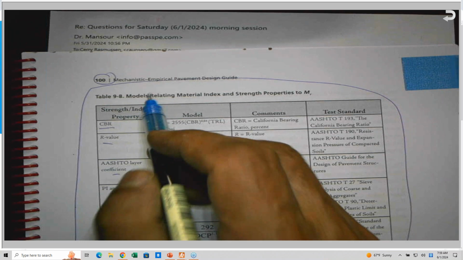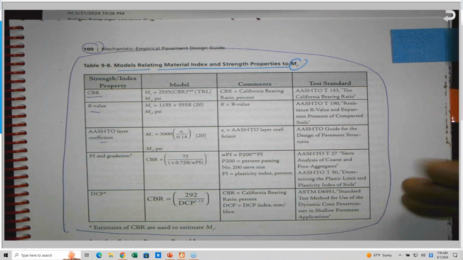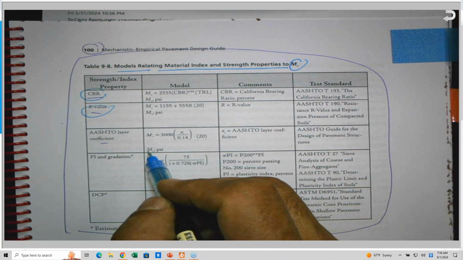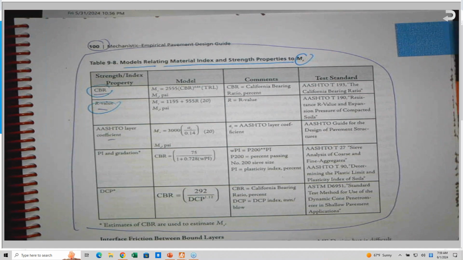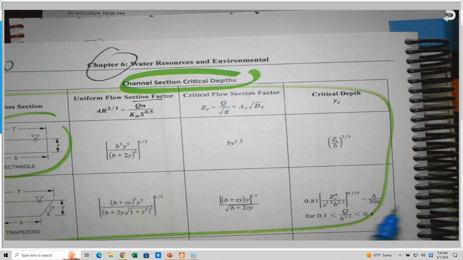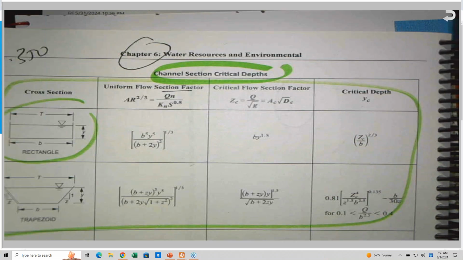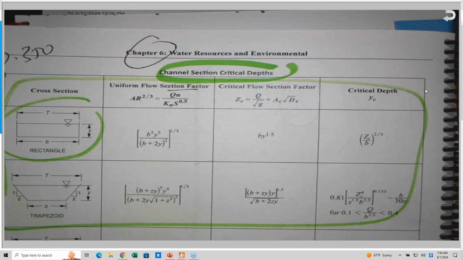So this is the model used, relating matrix index properties to M sub R, the resilient modulus. The CBR, the R value, and you are telling me that the AASHTO or the NCEES has a section 3-19 in chapter 3, which is geotechnical, the pavement, and you are talking about a page number.